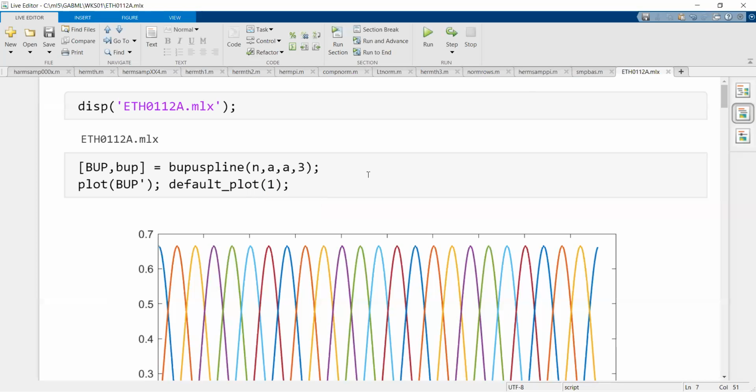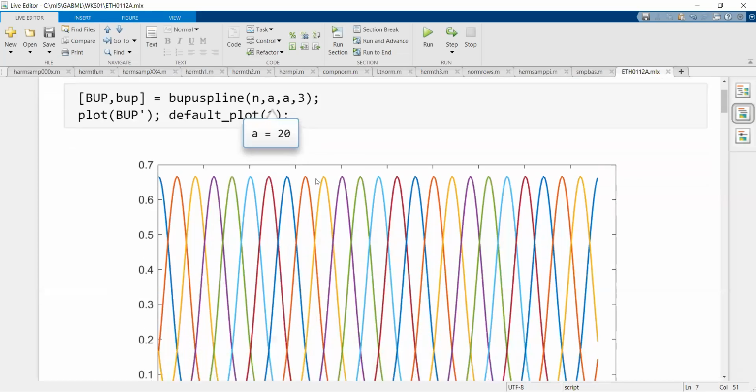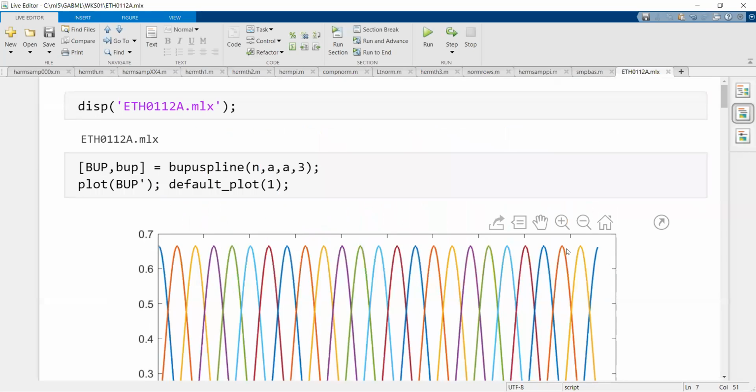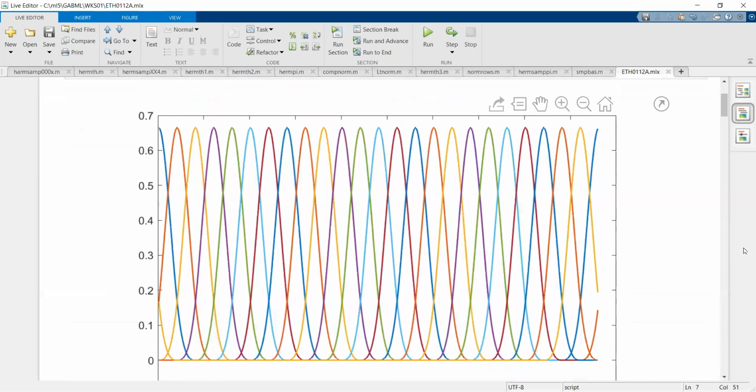Now for me, because n equals 20, I have n over 20, which is 24 positions. So if you look up, you would count that I have 24 such building blocks. And I create a matrix which contains in the first row the first guy, in the second row the second guy, and so on.